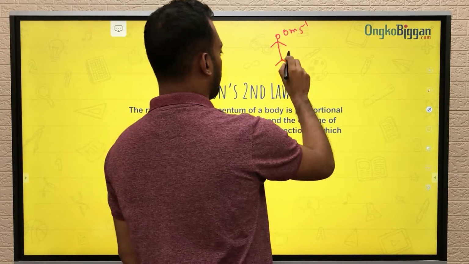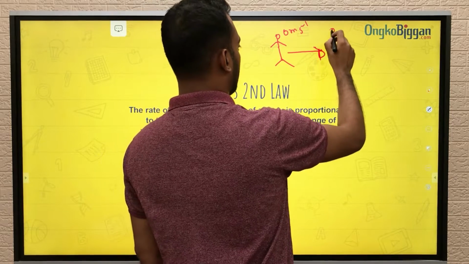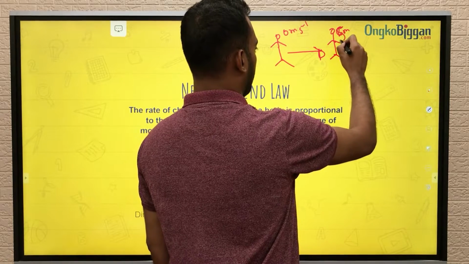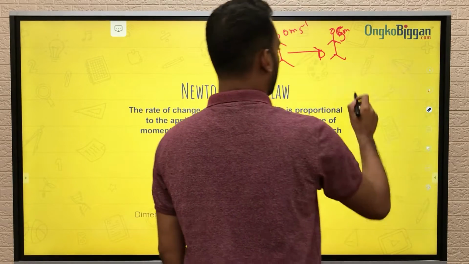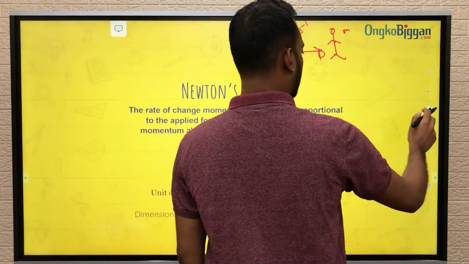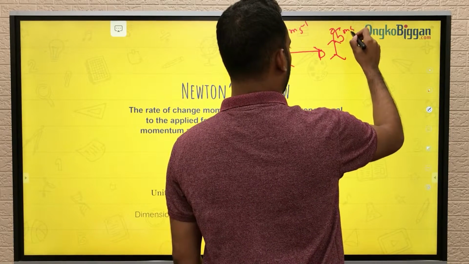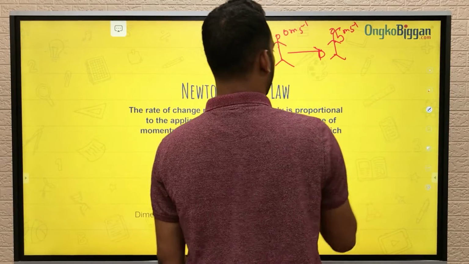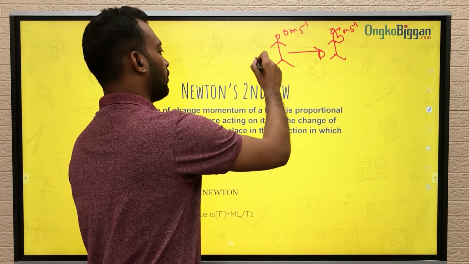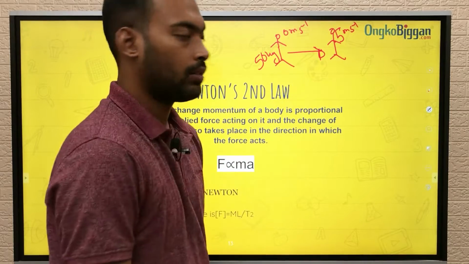After a certain time, it moves in this direction with a velocity of 5 meter per second. The mass of this body is, suppose, 50 kg. And at this position also, mass will obviously not change.